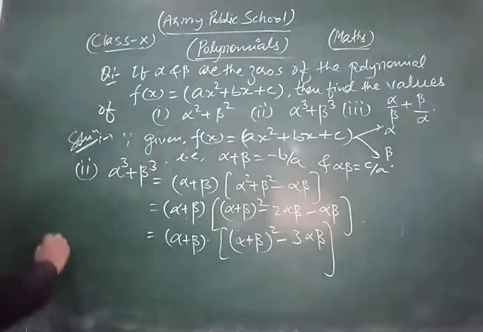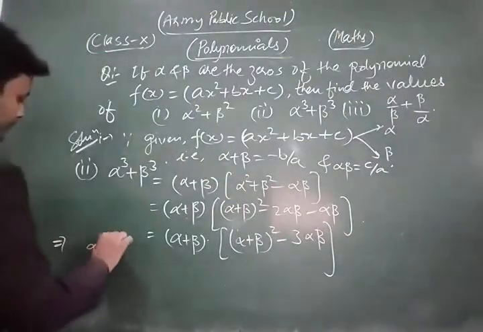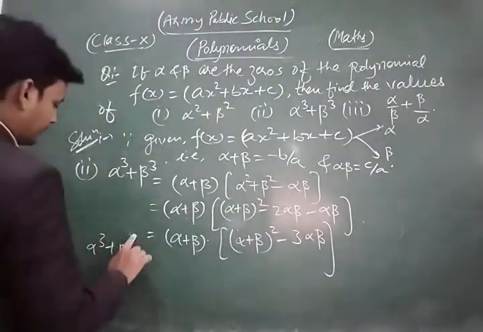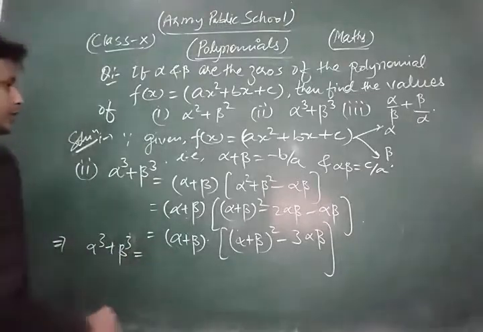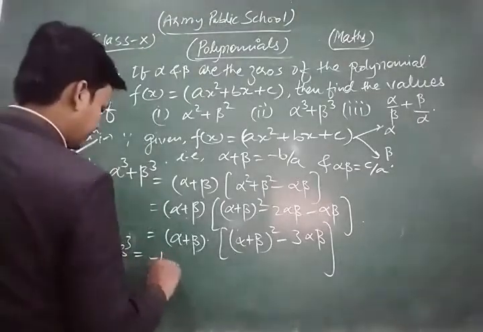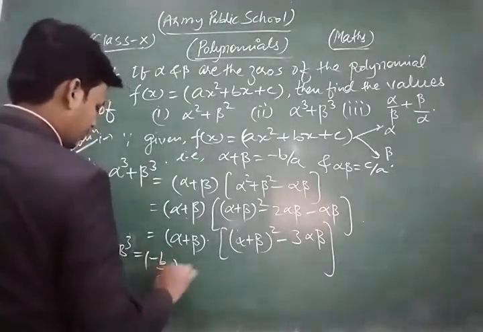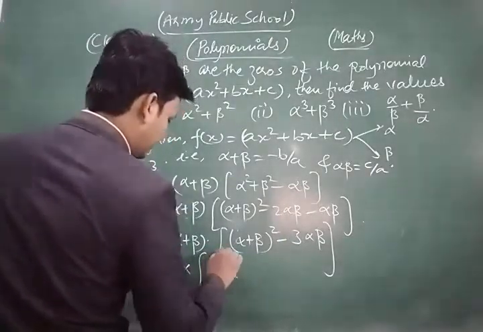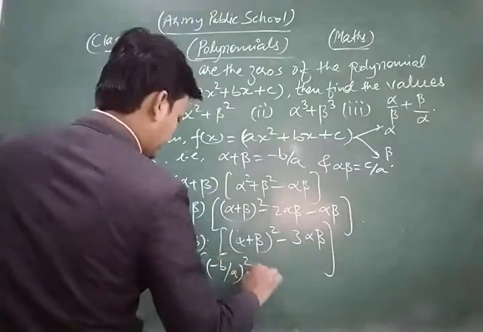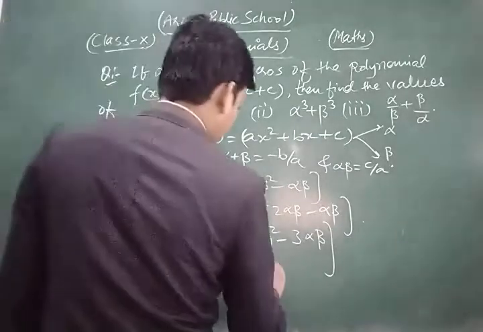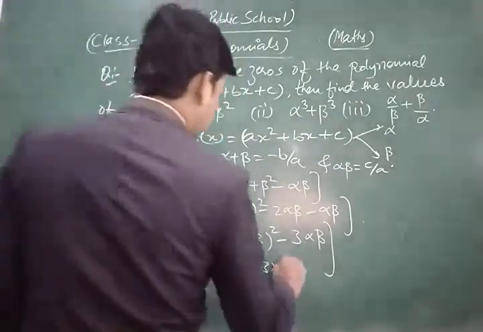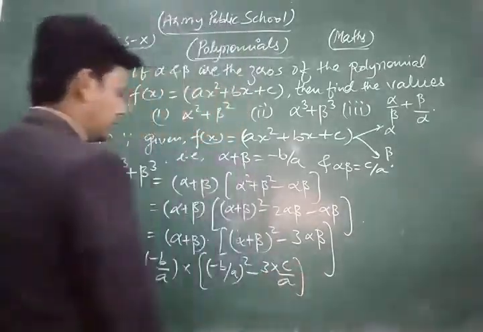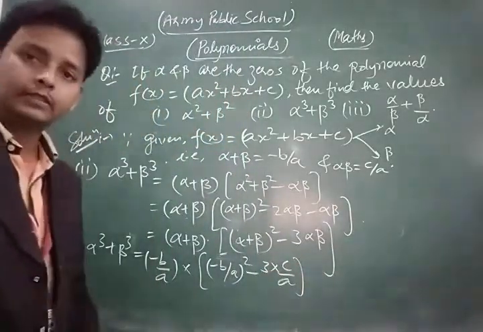Okay, so we have alpha plus beta, that is minus b by a, into minus b upon a whole square, minus 3 into alpha into beta, which is c by a. Now we simplify them.